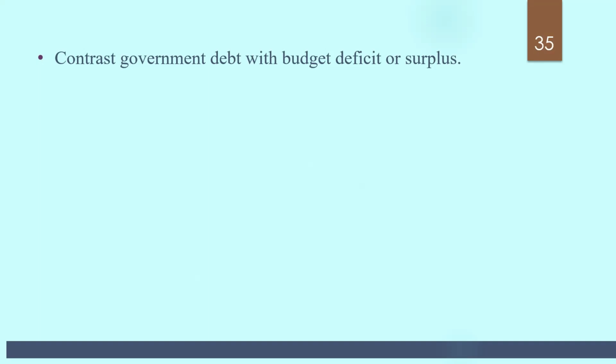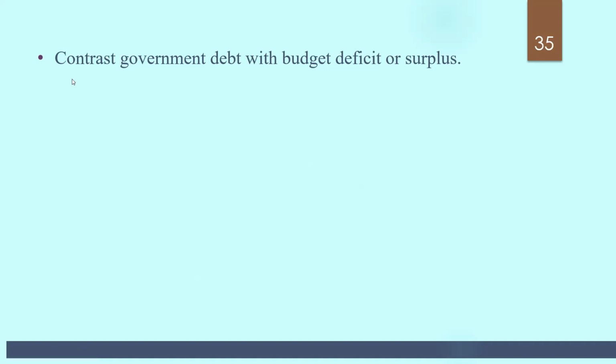Are you asking if government debt's the same as one of those two, or the opposite? What's the difference between government debt and budget deficit or surplus? Is it the same as a deficit? Yeah, it basically is. The debt is just adding up all the deficits.